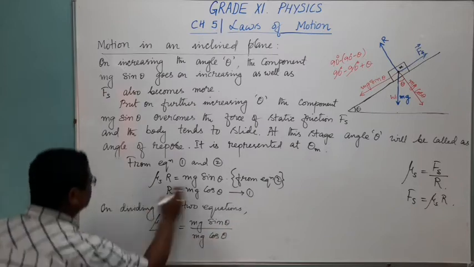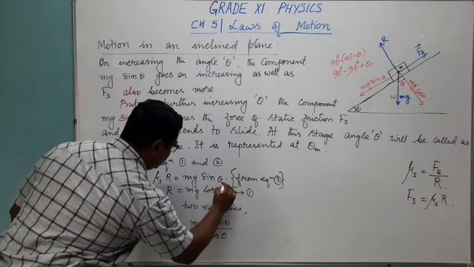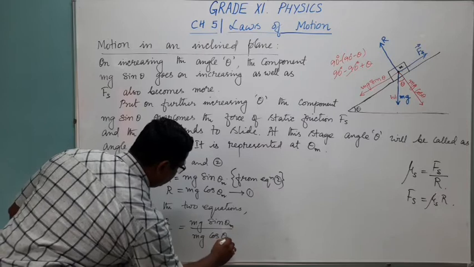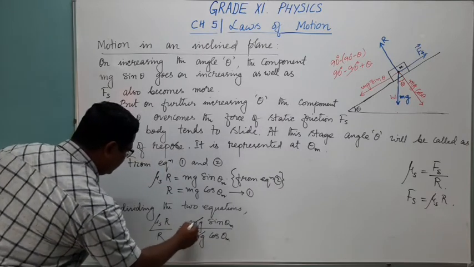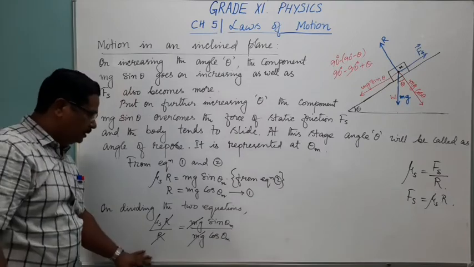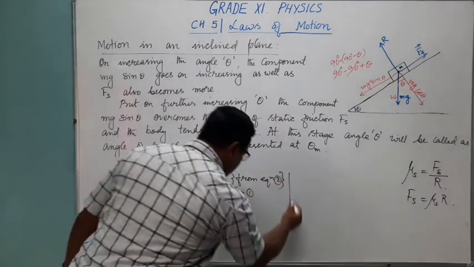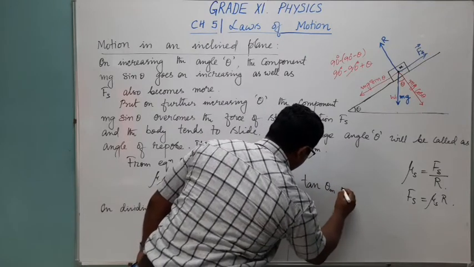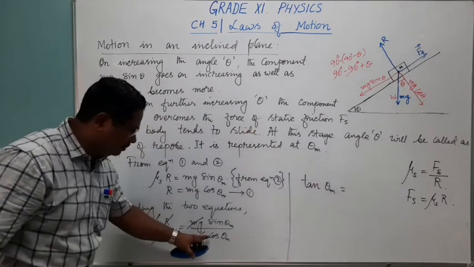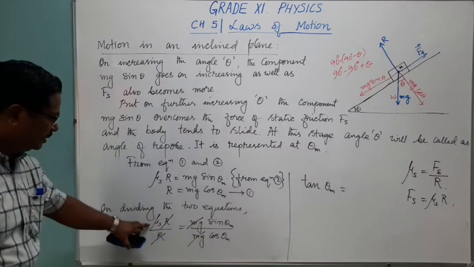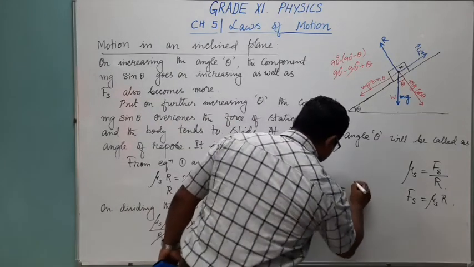And when the body is moving, we said that the angle, we call it as angle of repose. We write it as theta m. So mg if we cancel, R if we cancel, you get a very important relation, that is tan theta m. Tan theta m is equal to sin theta by cos theta, which is tan theta, and theta m represents the angle of repose, that is equal to coefficient of static friction.